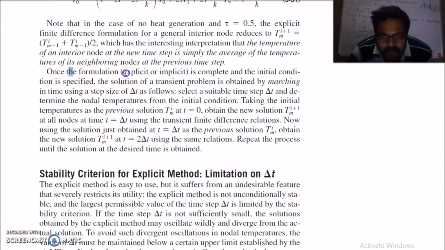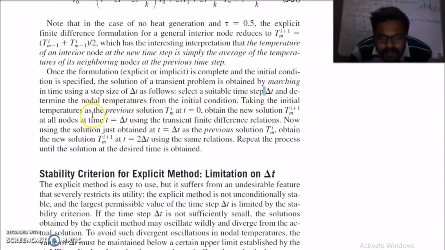Once you have formed the explicit or implicit formulation, you can start with the initial condition. The solution of the transient problem is obtained by marching in time using a step size of del t as follows. Select a suitable time step del t and determine the nodal temperatures from the initial conditions.